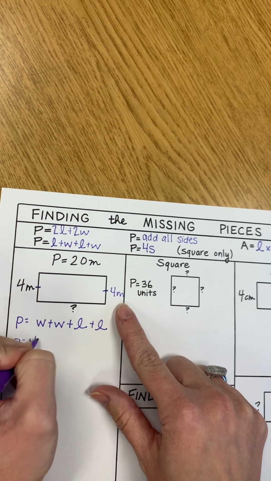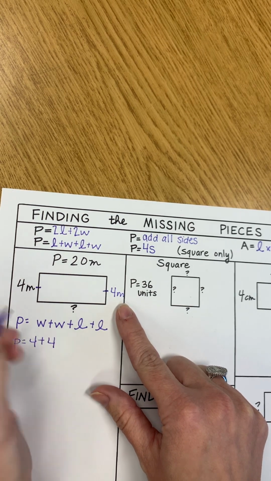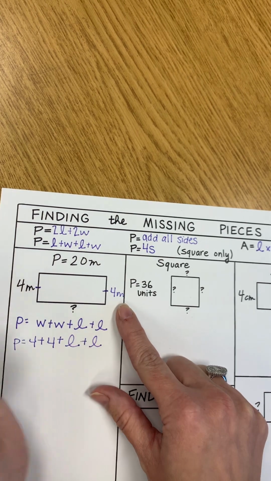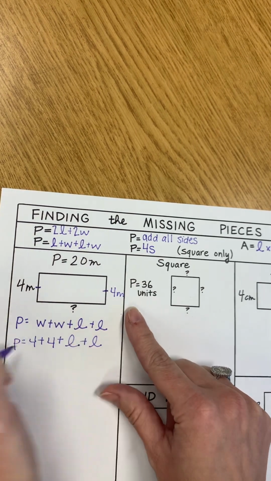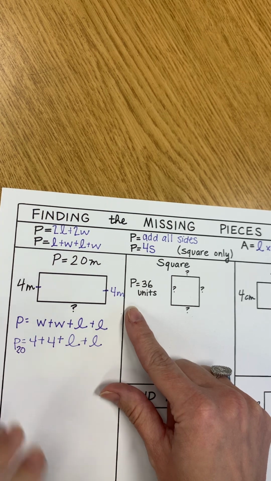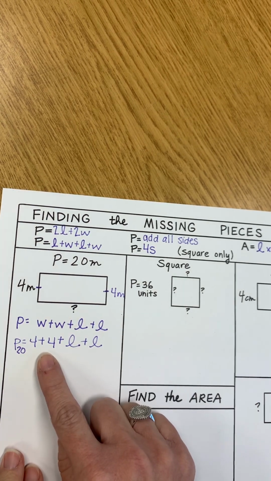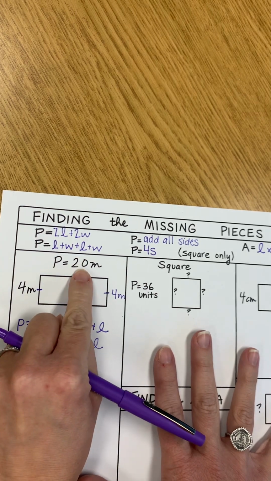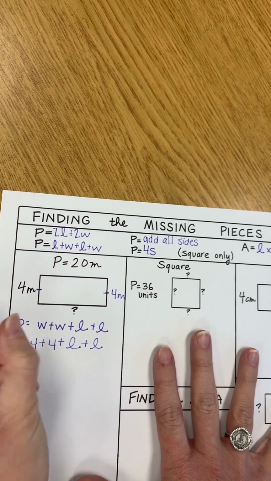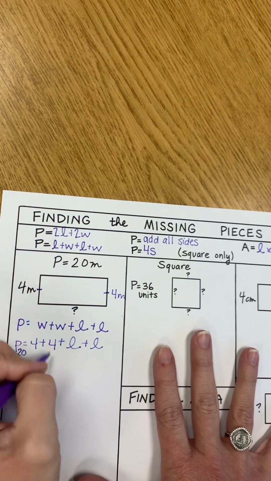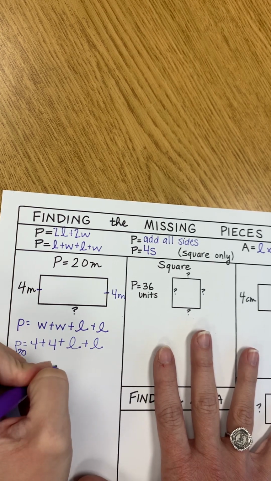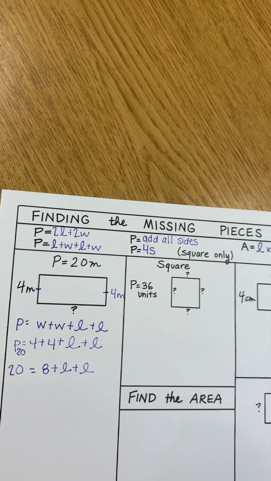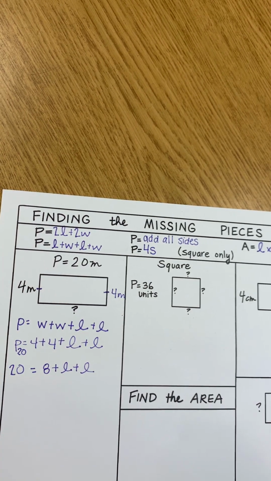I already have 4 plus 4, plus L, whatever L is, the length, plus this is going to equal 20. Well, I know that this is 8, so I'm going to write 20, because I know that's my perimeter, is equal to 8 plus length plus length.